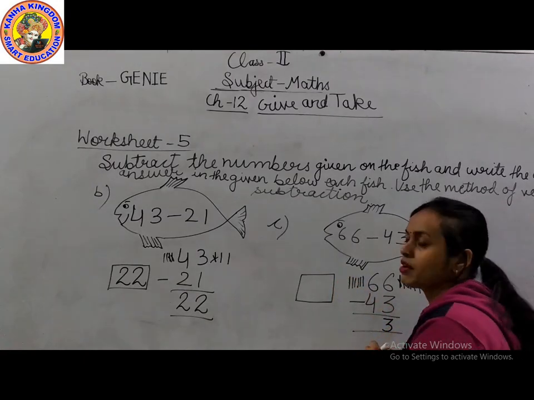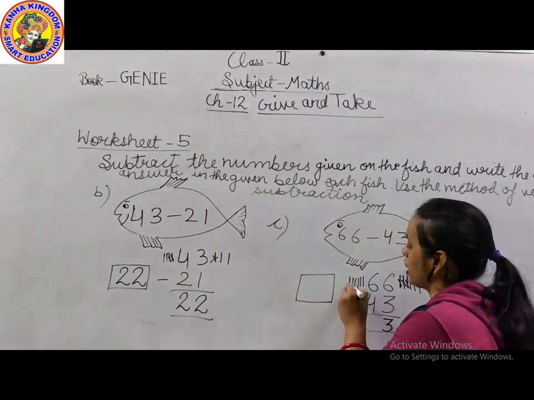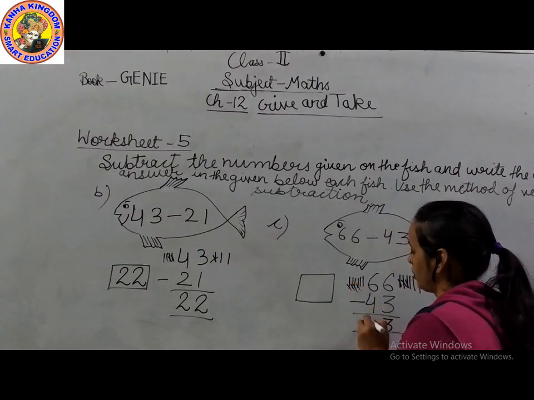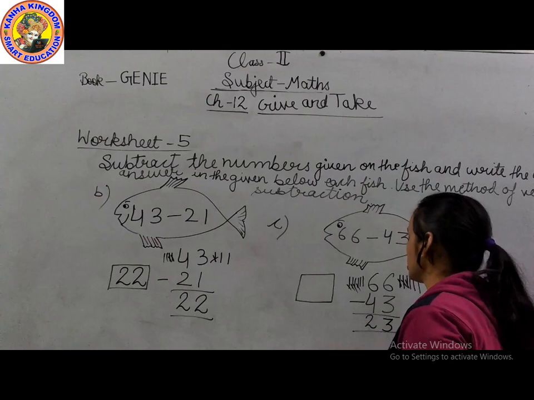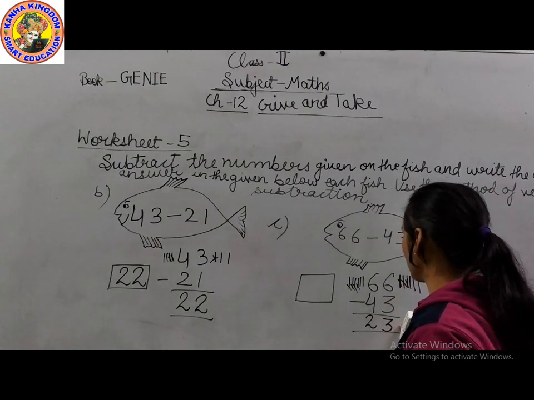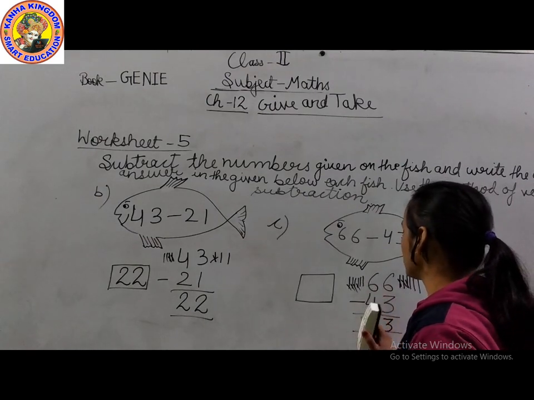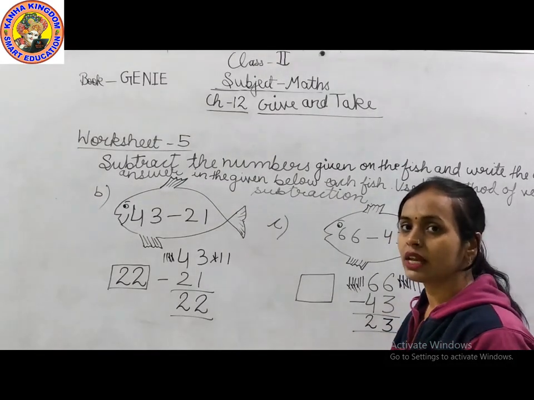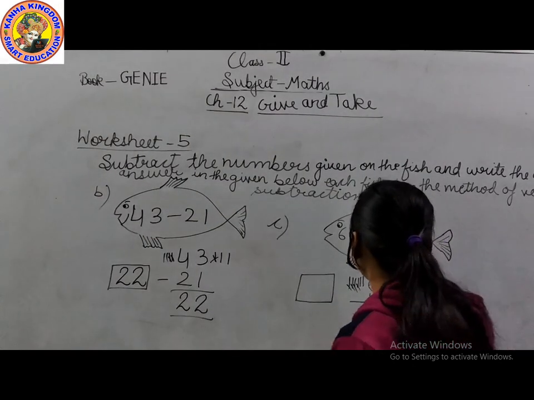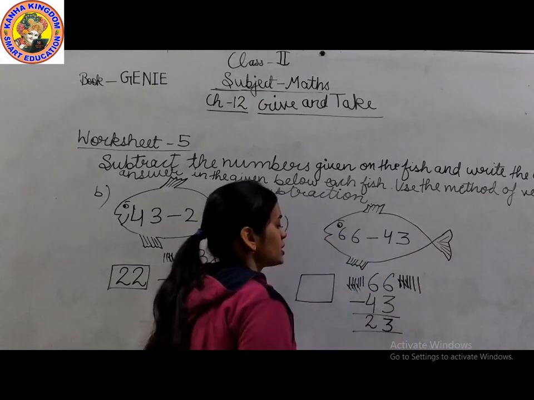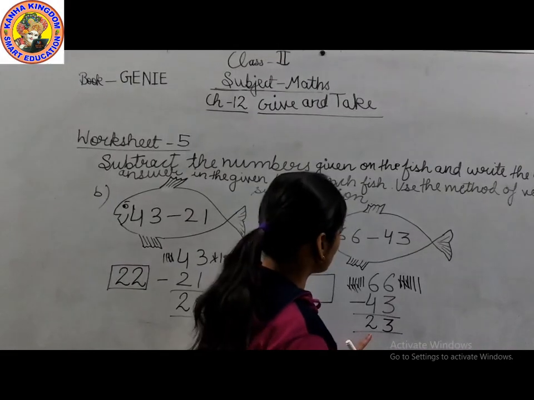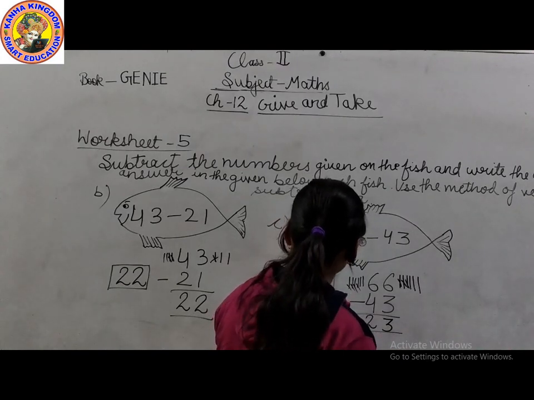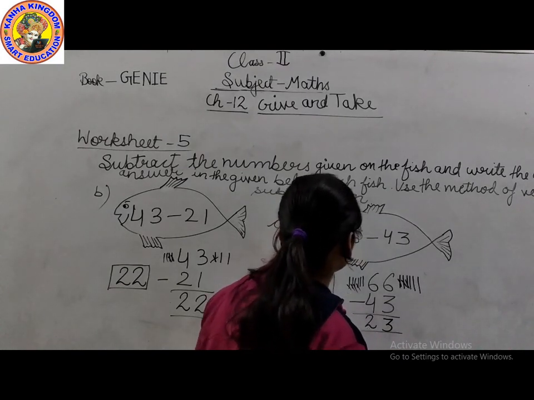So we take away 4 from 6. 1, 2, 3, 4. How many left? 2. So 6 minus 3 equals 3 and 6 minus 4 equals 2. So when we subtract 43 from 66, our answer is 23. So write 23 in the box.